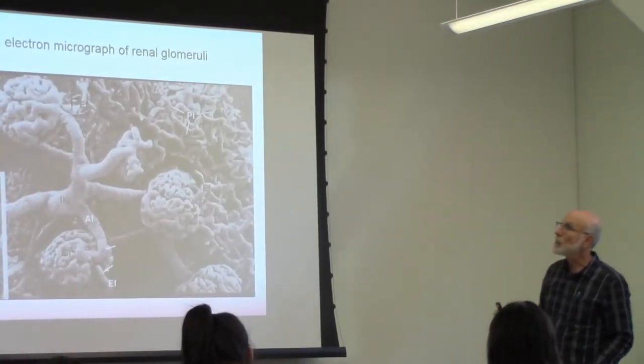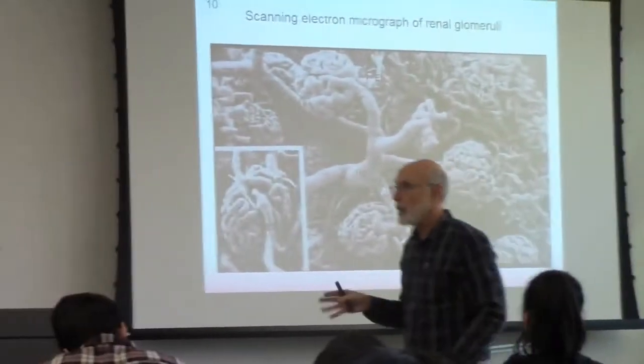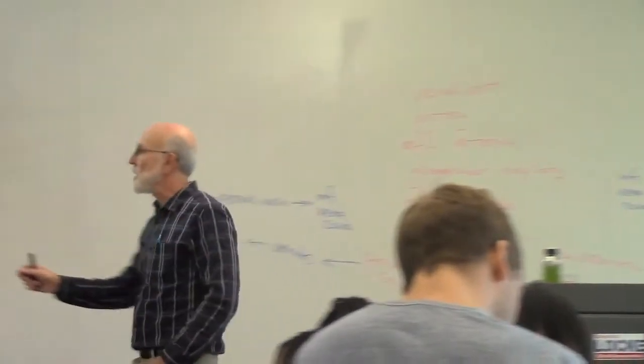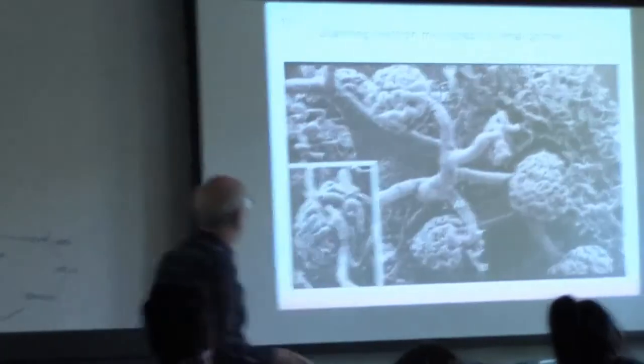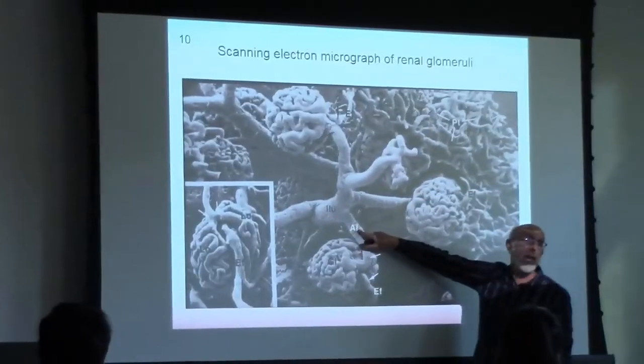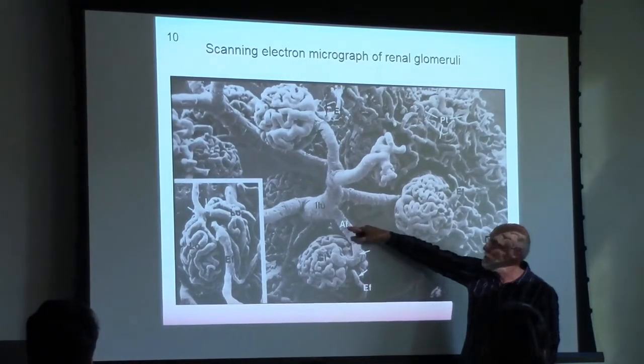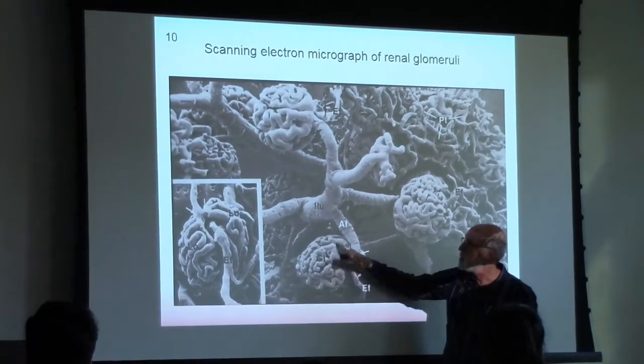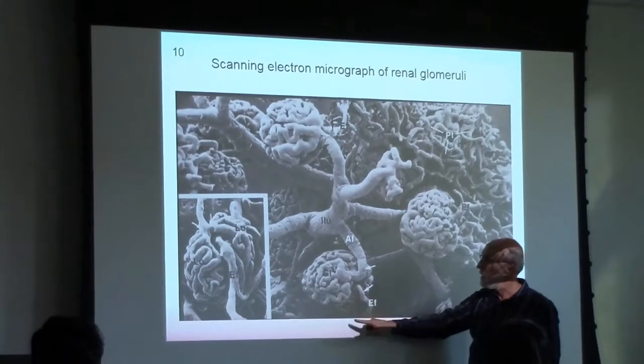So let's look at some actual micrographs, since the cartoon is a pretty good representation of the way it actually looks. So here is an AF. What do you suppose AF stands for? Afferent arteriole. GL? Glomerulus.